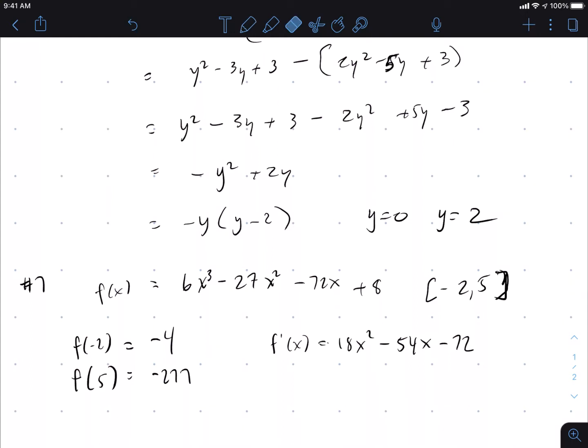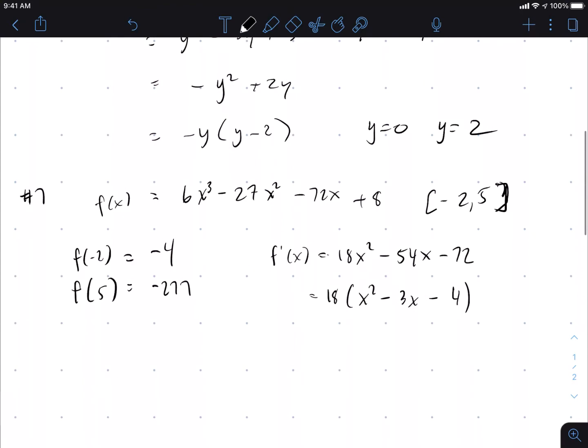Shoot. Okay, so then 18 can be pulled out. I'm going to get x squared minus 3x minus 4. And so from here, what I'm going to get is x minus 4 and x plus 1. Correct?